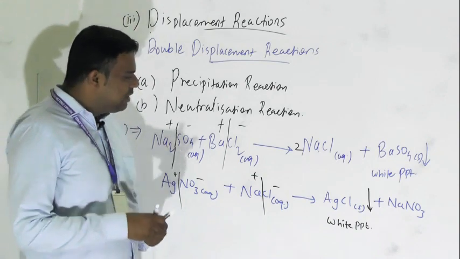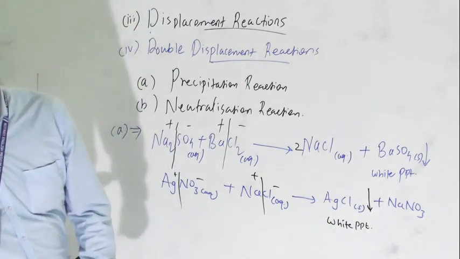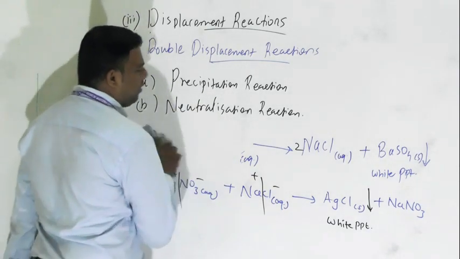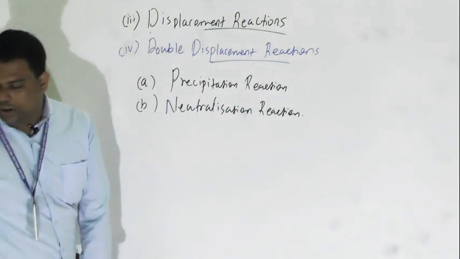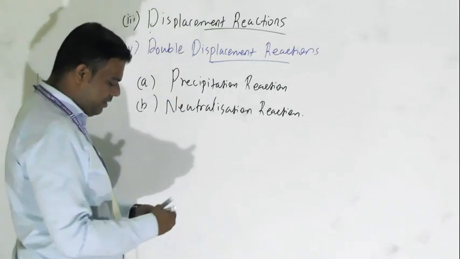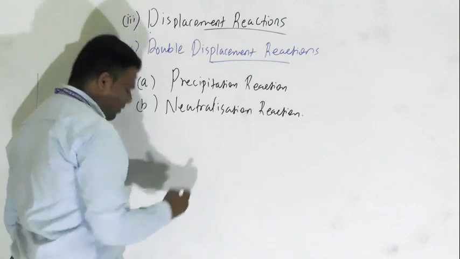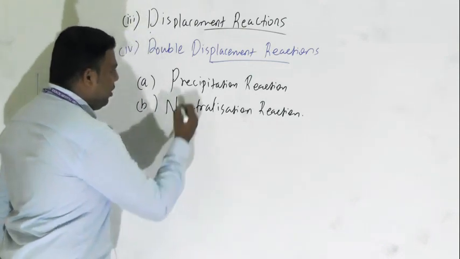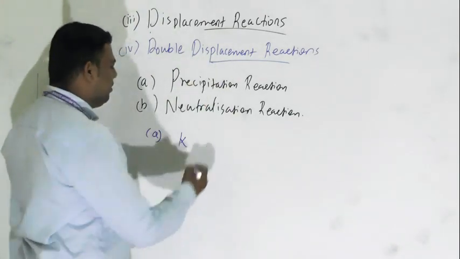Now we will see one more example of precipitation reaction: potassium iodide plus lead nitrate. Small a, precipitation reaction.